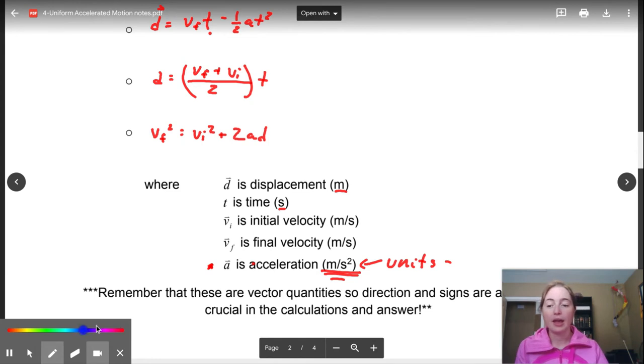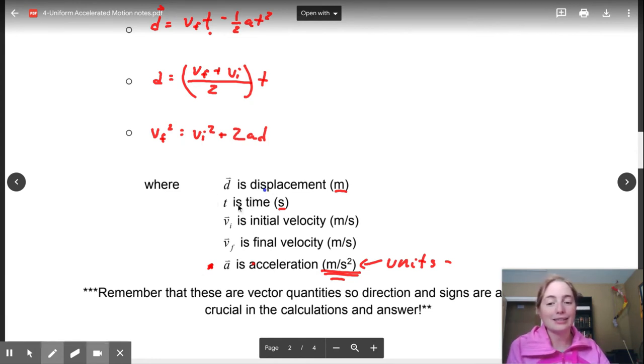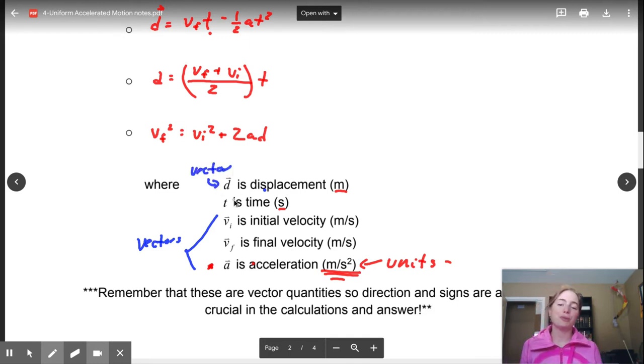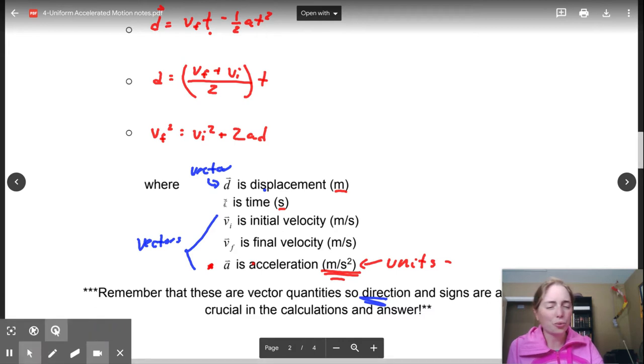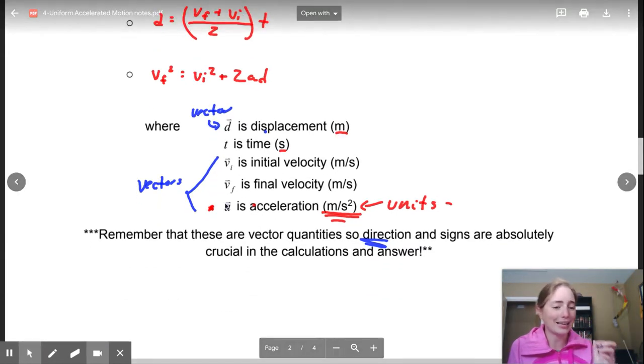So another couple of things to look out for is that a lot of these are vectors. So these guys are vectors. This guy is a vector. So because these are all vectors, they need direction. So that means that you're going to need to really watch for your signs, okay?